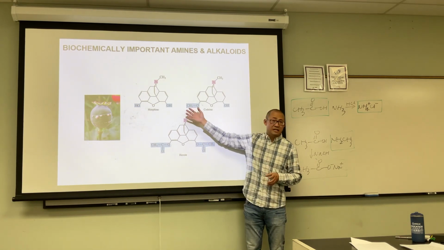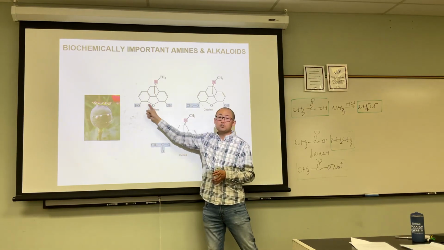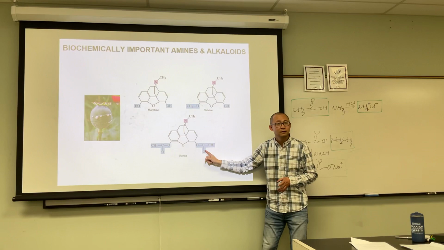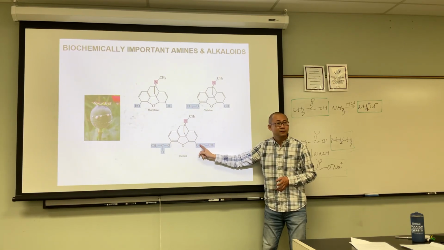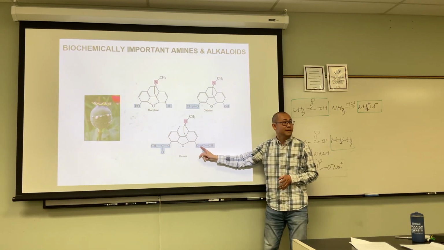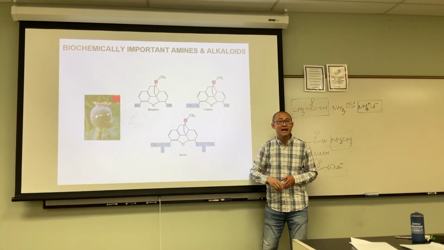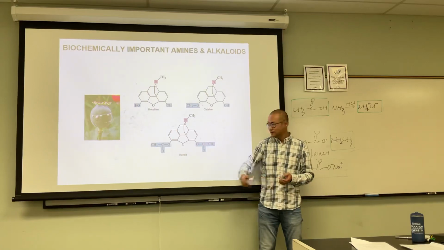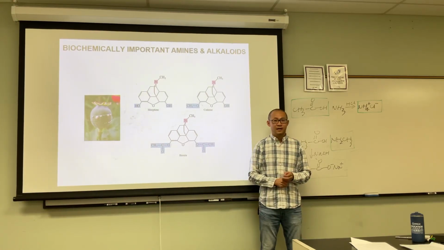Okay. If we change these 2 OH to a what? Take a look. What is the bond here? Guys, you can recognize the bond. Ester bond. You guys see that? If we change these 2 OH to 2 esters, what is this? Heroin. Heroin is actually synthesized from morphine.